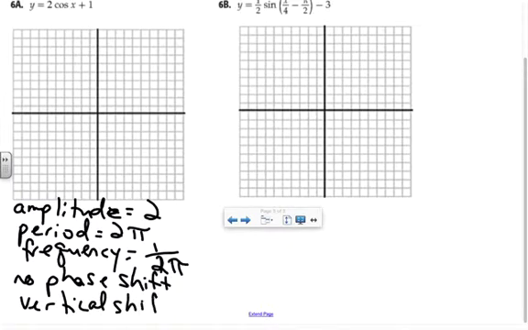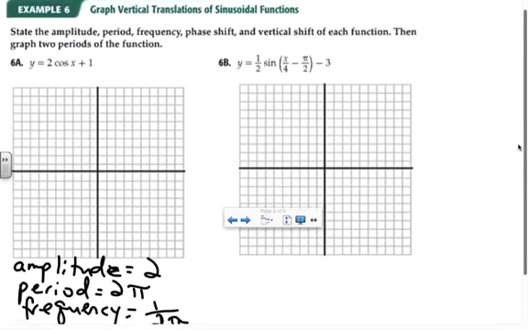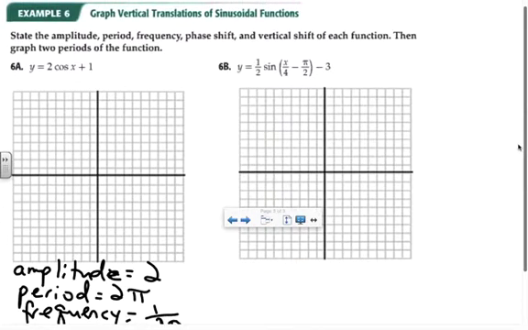Vertical shift, up 1. All right, since it wants 2 periods of the function, and each period is 2 pi, I'm going to make this go out to 4 pi. 1, 2, 3, 4.